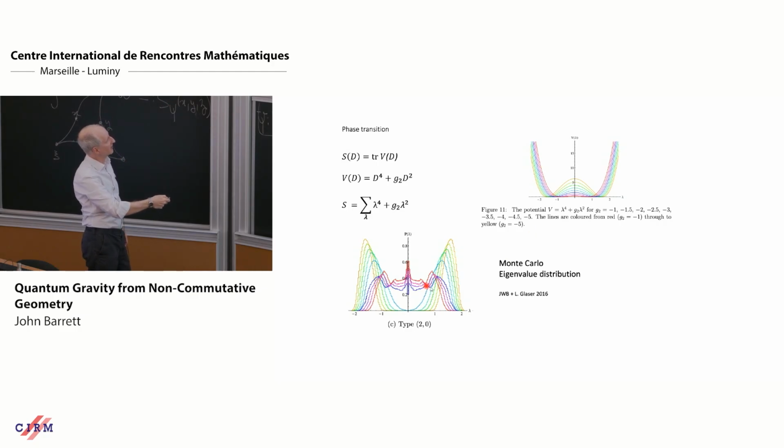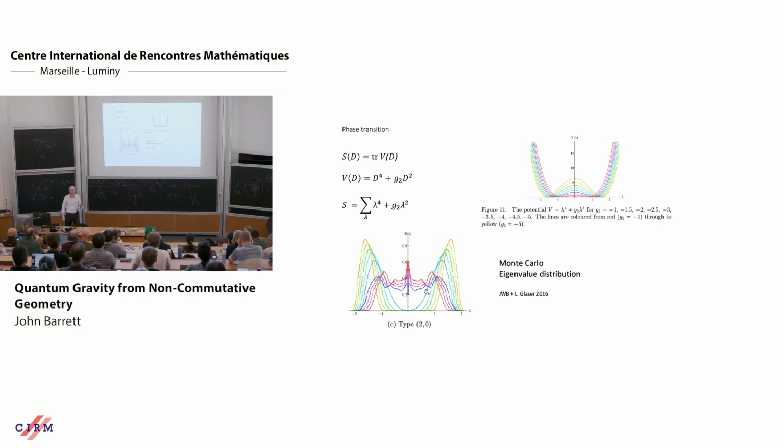So these are the colors here for the shallow potentials in which they're distributed right through the middle. And then at the phase transition point, the eigenvalues start to fall into the two peaks on either side with the two wells. And the point at the phase transition, this nice blue curve there, is the eigenvalue distribution for a Dirac operator of some finite dimensional space.